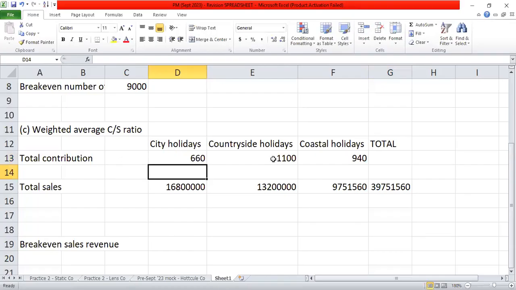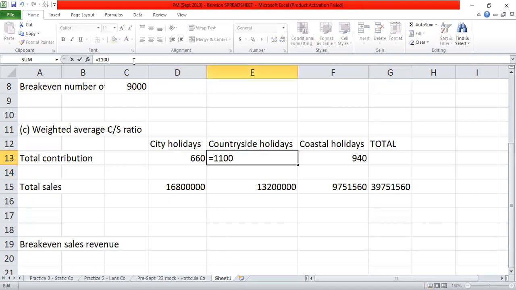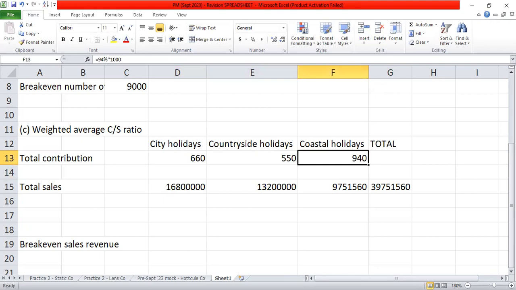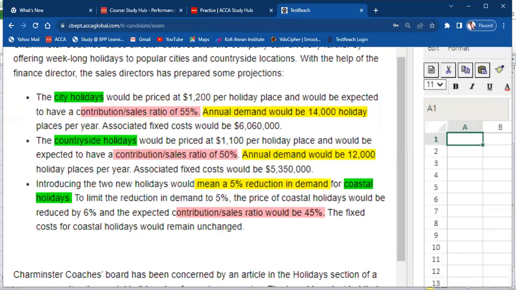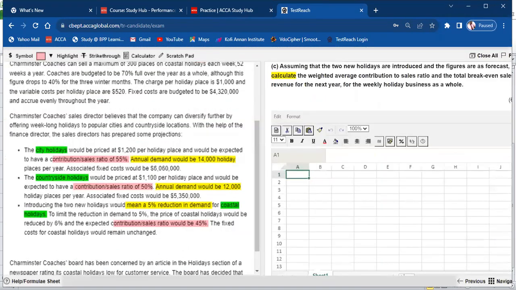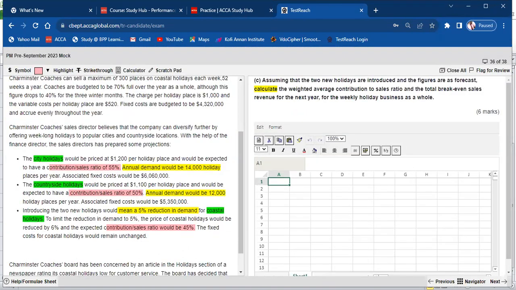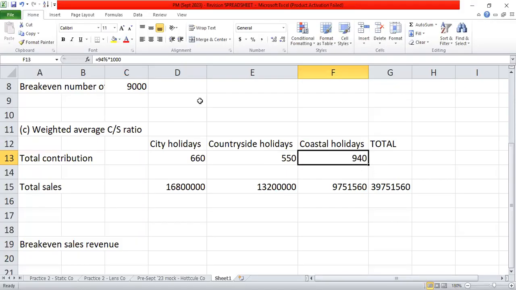So if I multiply the selling price by 50%, I'll get a contribution per unit. For coastal holidays, I am told that the CS ratio is 45%. So if I multiply the sales by 45%, I get that. I'm talking about total contribution, so I've got to multiply by the number of units.